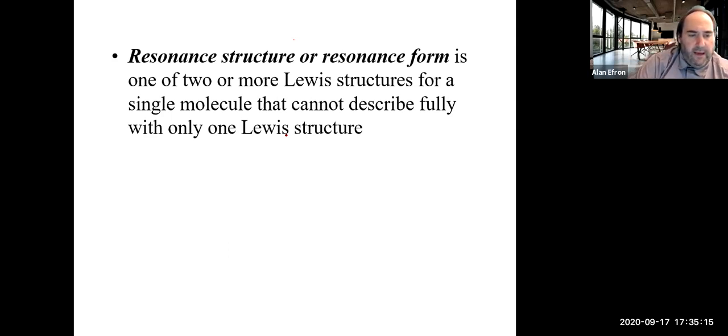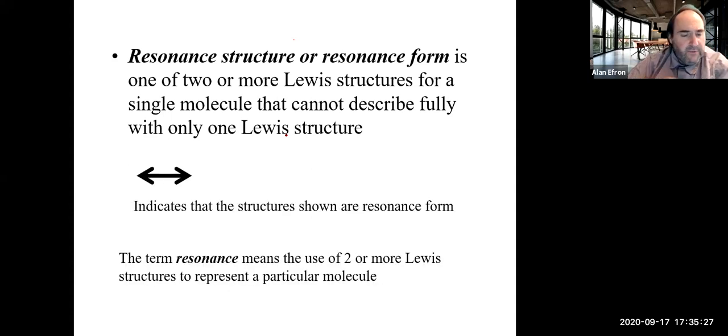Okay, so I believe this is where we left off, talking about resonance structures. I think we touched on it when we were drawing the Lewis structures. But basically, a resonance structure is a set of Lewis structures where you can draw more than one structure. And the reason that occurs is in a structure where you have something like a double bond.